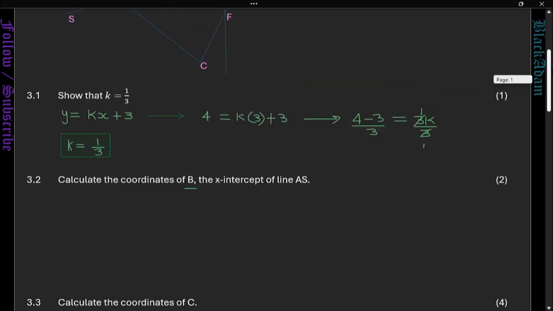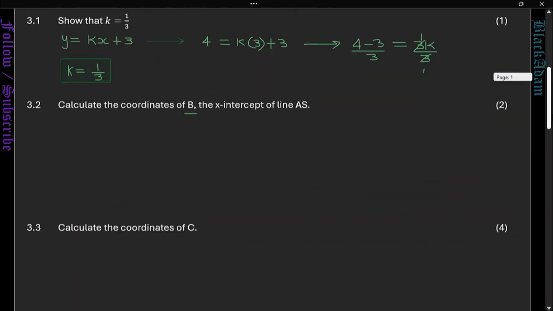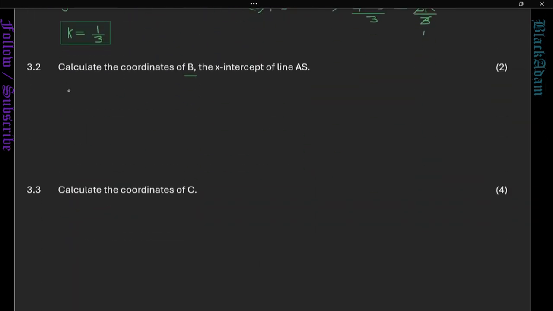And then next we have to find the coordinate of B. So we can see that y is 0 for B's position, and what we need to do is find x. Okay, so we know that y is equals to 1 over 3 x plus 3. So substituting y with 0, finding x.